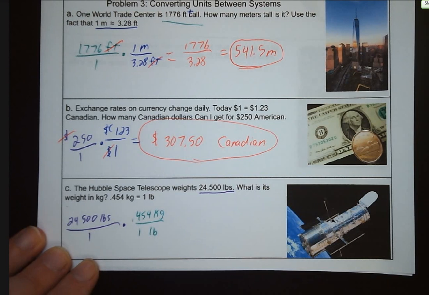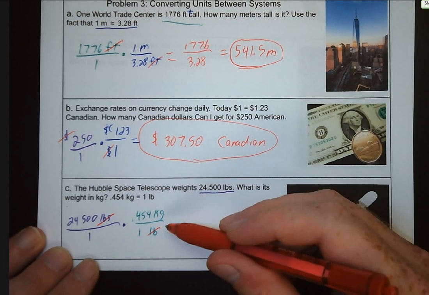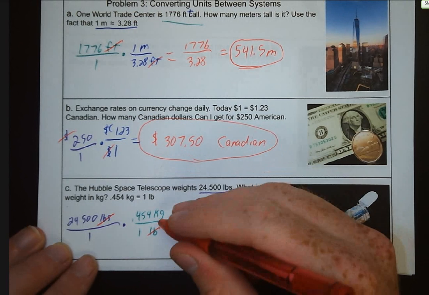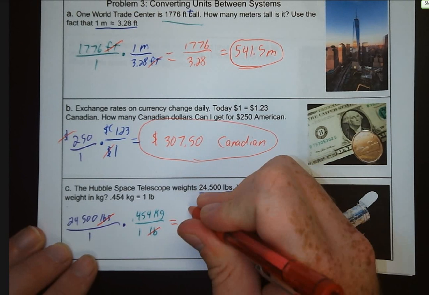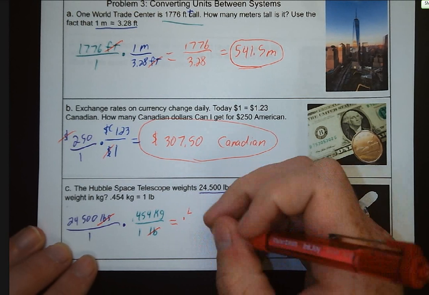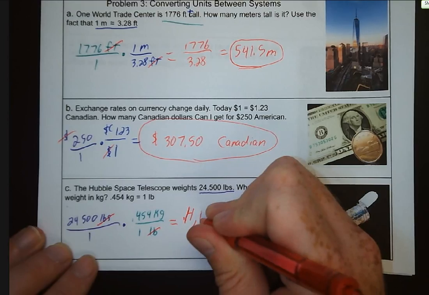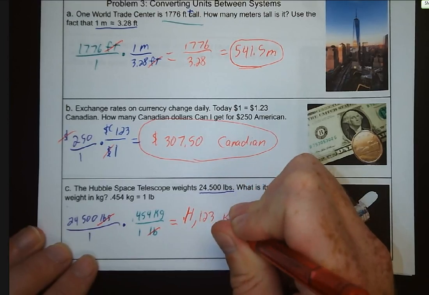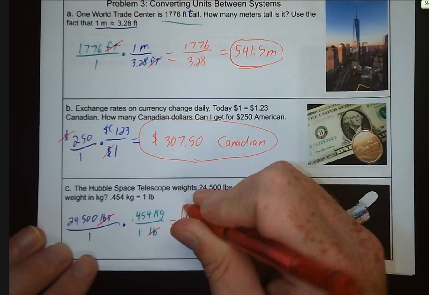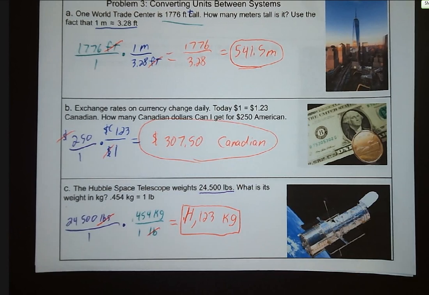Let's check our units. Pounds cancel out. One's in the numerator, one's in the denominator. So now we multiply straight across and we get 11,123 kilograms.